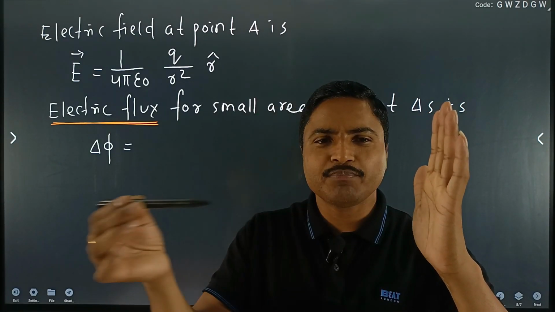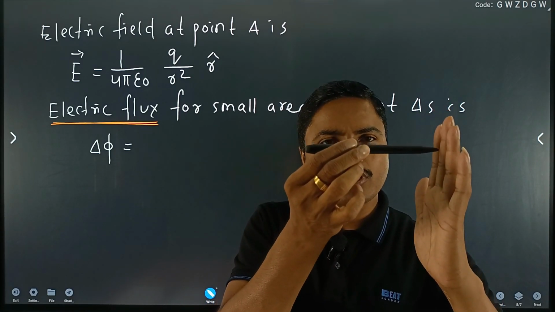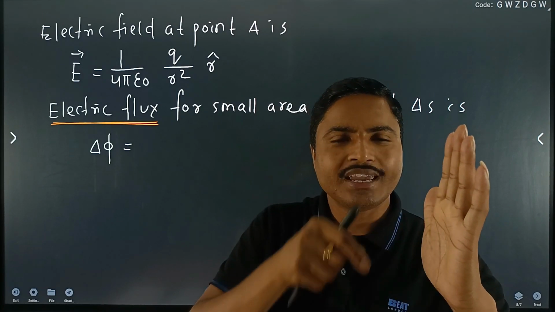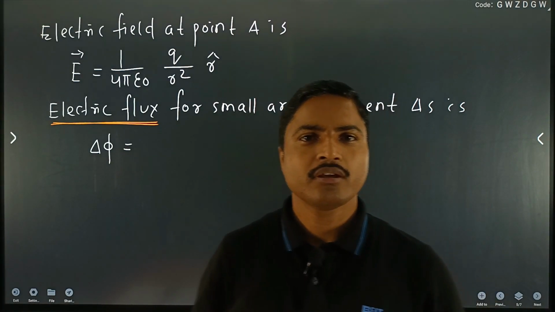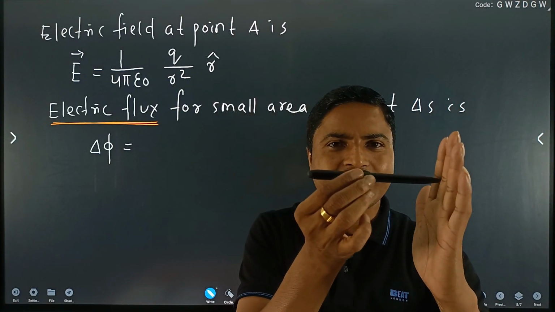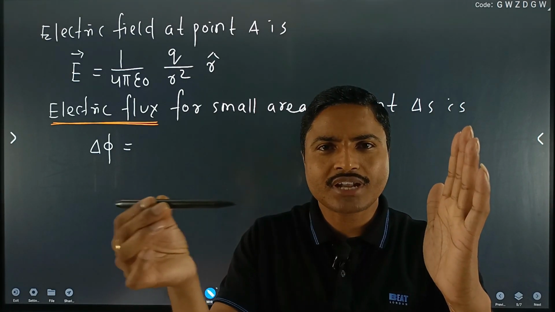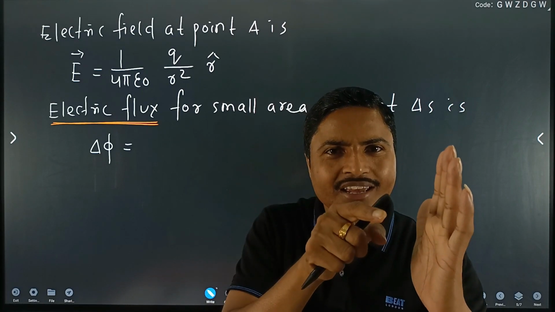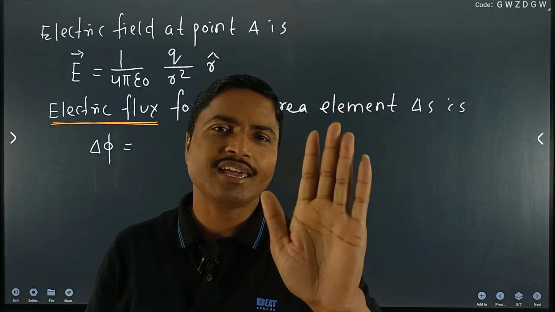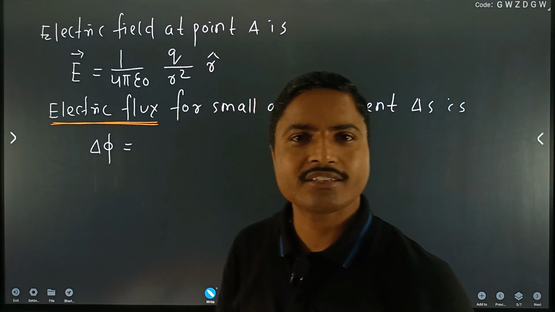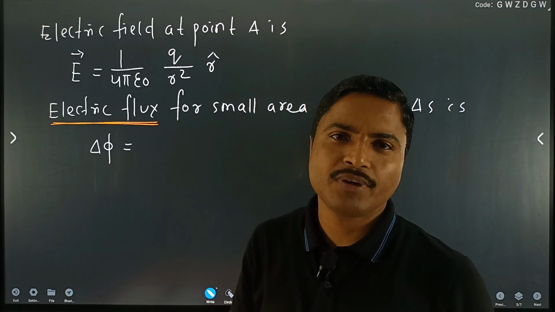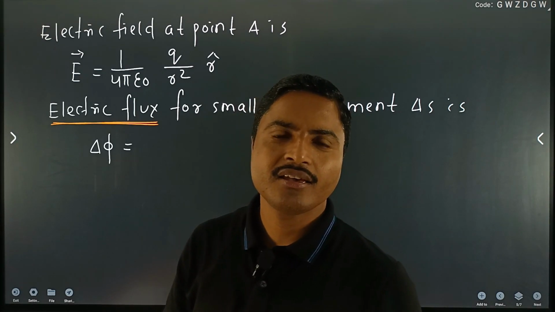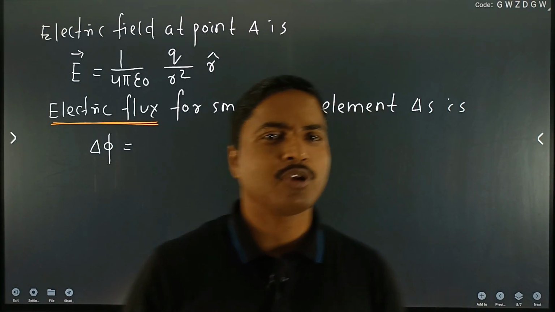Suppose electric field lines are perpendicular to the area element, then the total number of electric field lines crossing normally to this small area element is known as electric flux.